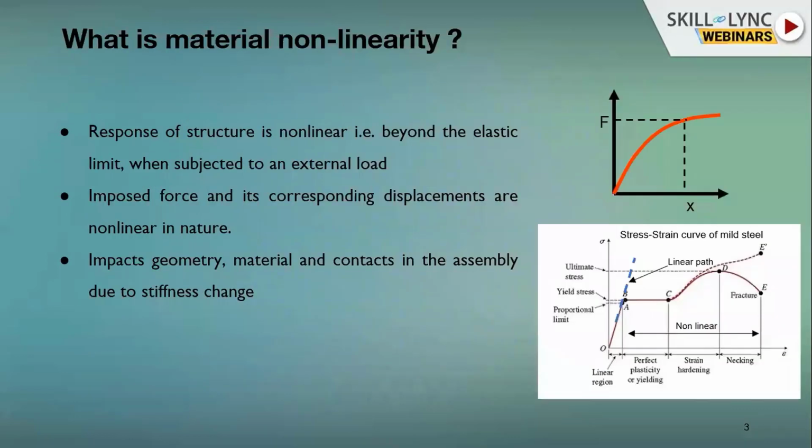Everybody might have been using materials in our daily lives. There is no object or product or part in the world which is made without any material. So material nonlinearity, or understanding how the material behaves and the significance of materials used in the product design, is very, very crucial.